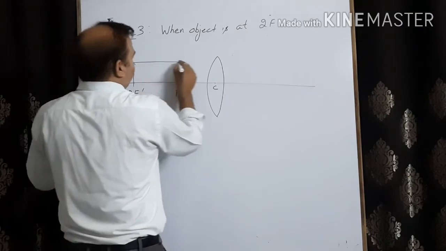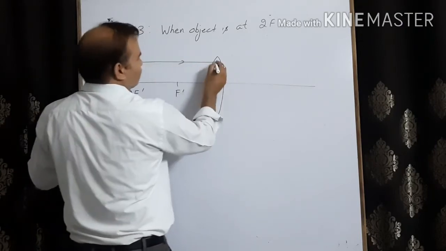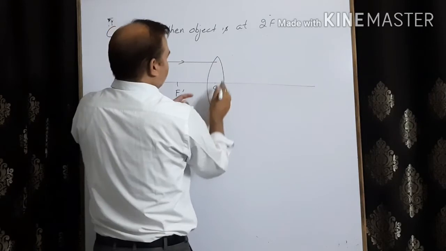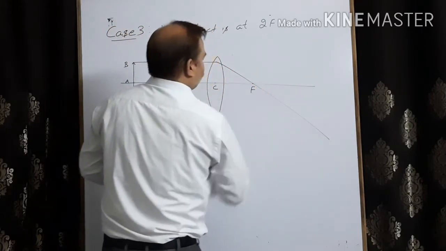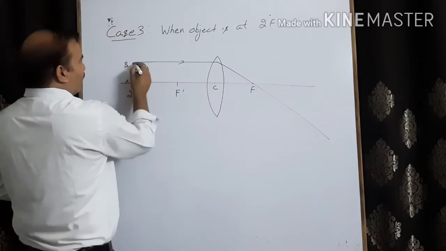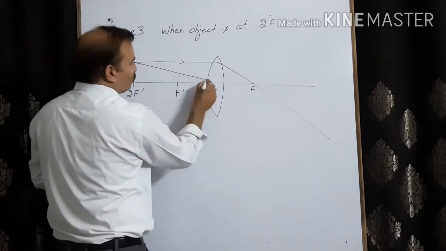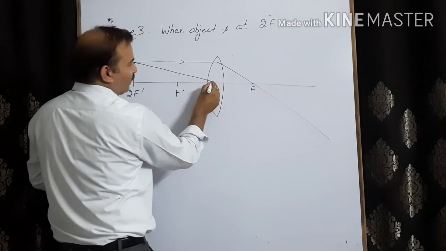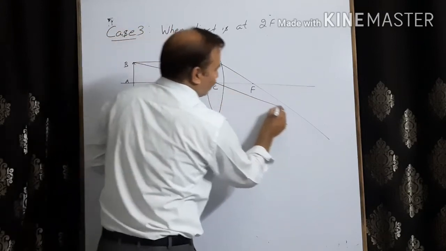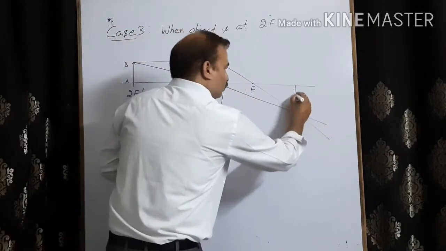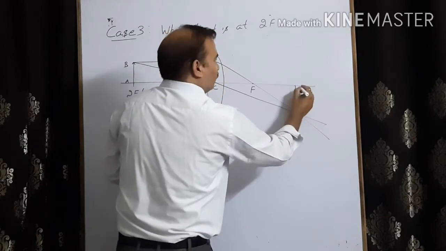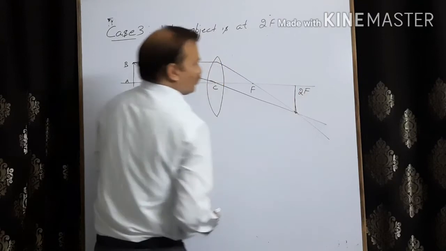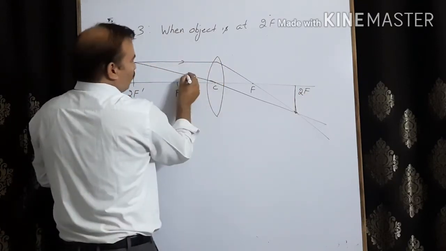A ray of light parallel to the principal axis, after refraction, will pass through the focus. And second, a ray of light passing through the optical center will go undeviated. So the point where the image will be formed will be twice the focus.